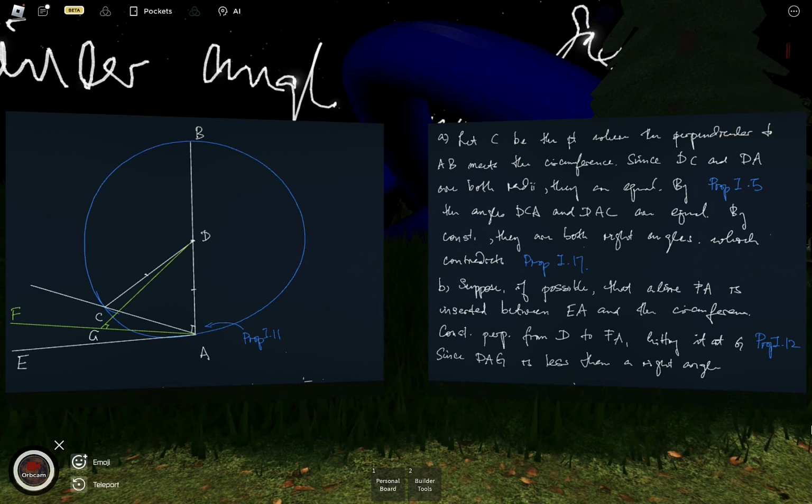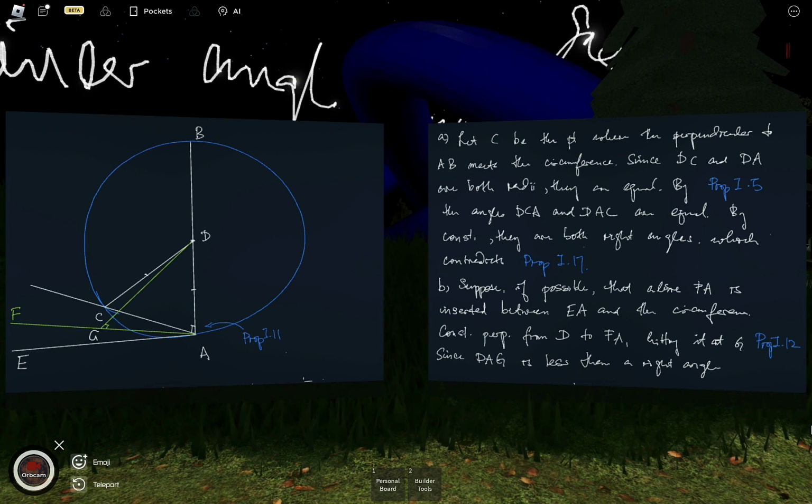I didn't spell this out in the proof, but we've constructed EA to be the tangent line, in modern parlance. That's the line that meets BA at right angles, and we insert a line between EA and the circumference. So this is part of the right angle, and it's actually less than the right angle.